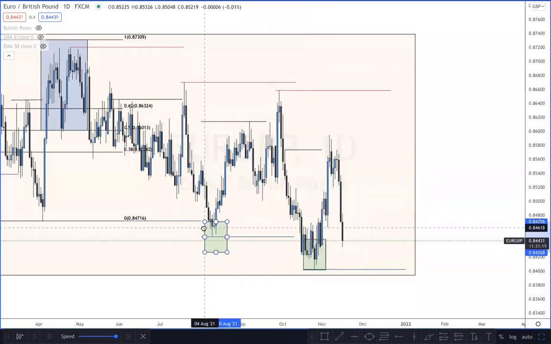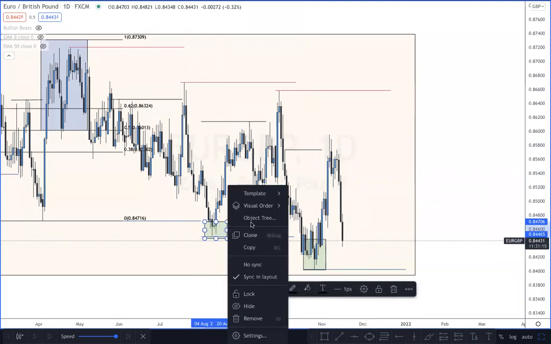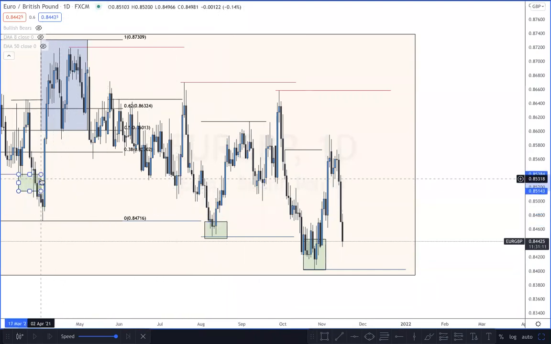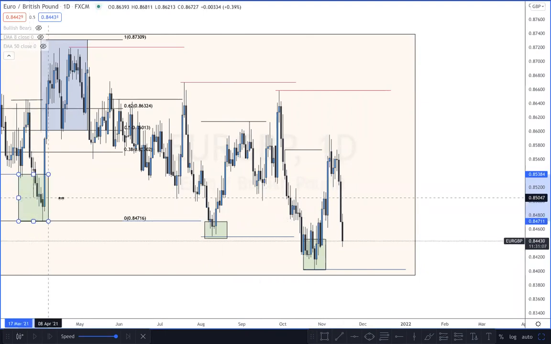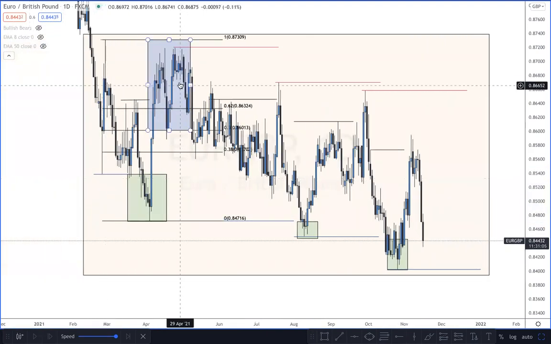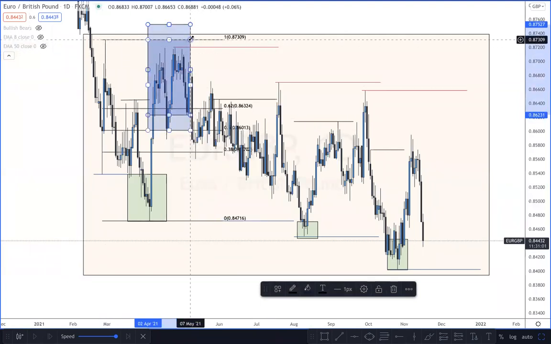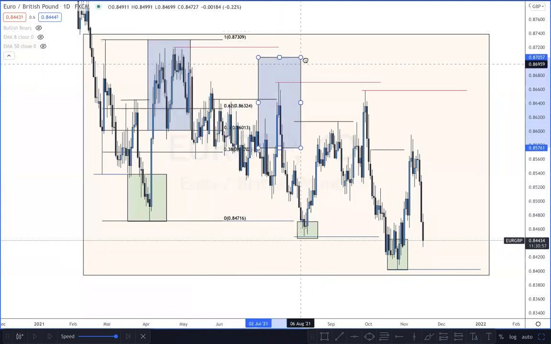This area, we don't sell. This area, we don't sell. We don't sell in these regions. But here, we sell. Why? Because your sell structure is confirmed.